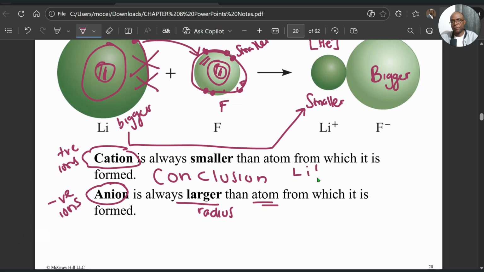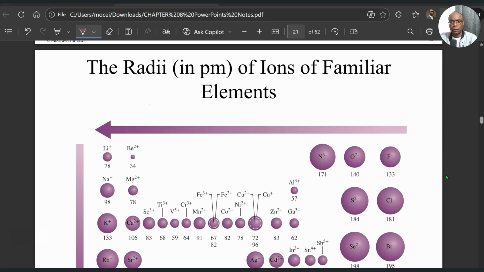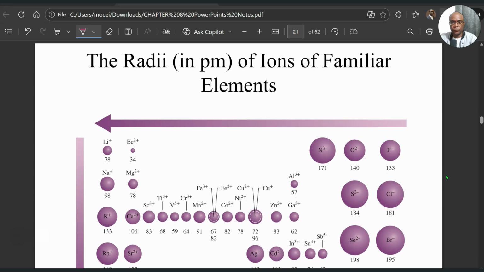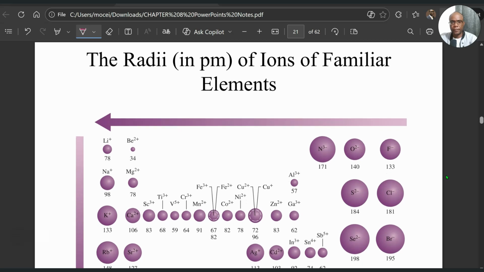So Li+ will be smaller than Li, while F- will be greater than F. That's the relationship. Here you're looking at the radii in picometers, not the PM of time, the picometers of ions of familiar elements.